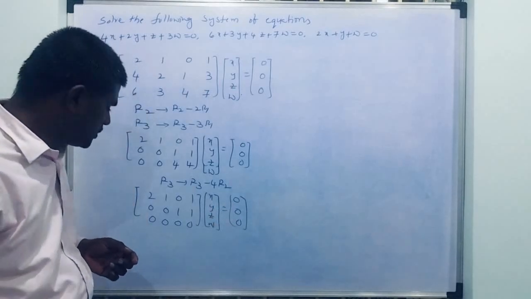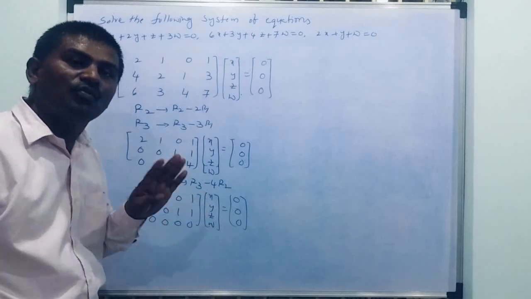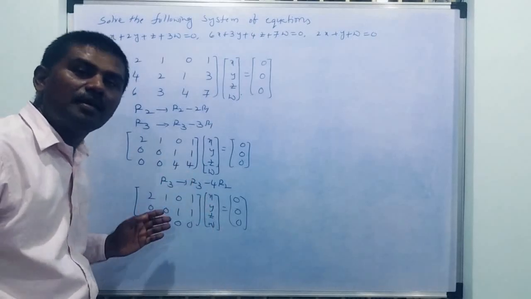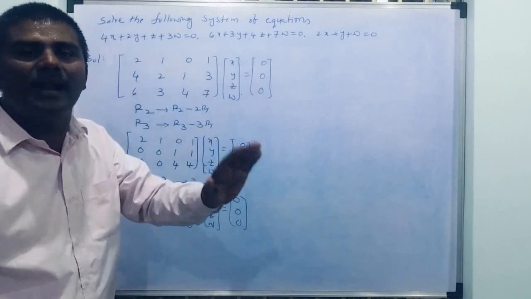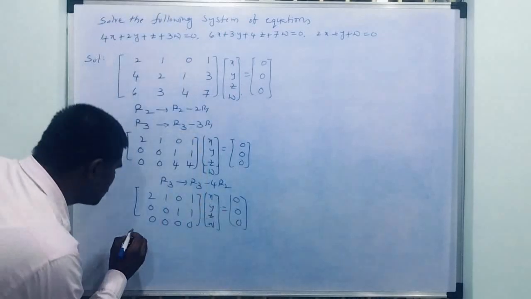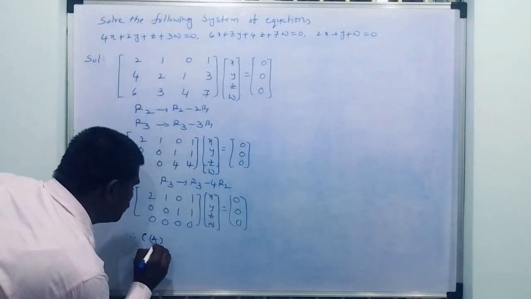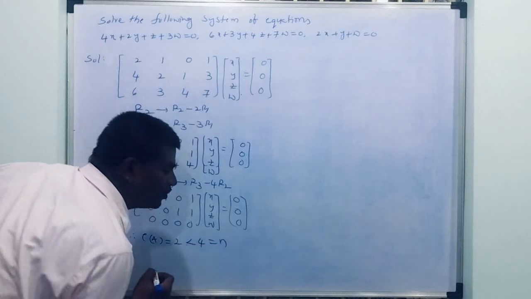What you have noticed? The number of non-zero rows are 2, but number of unknowns are 4. That means rank less than number of unknowns. The system has infinitely many solutions and n minus r linearly independent solutions. Therefore, rank of A is equal to 2, less than 4, which is equal to n.